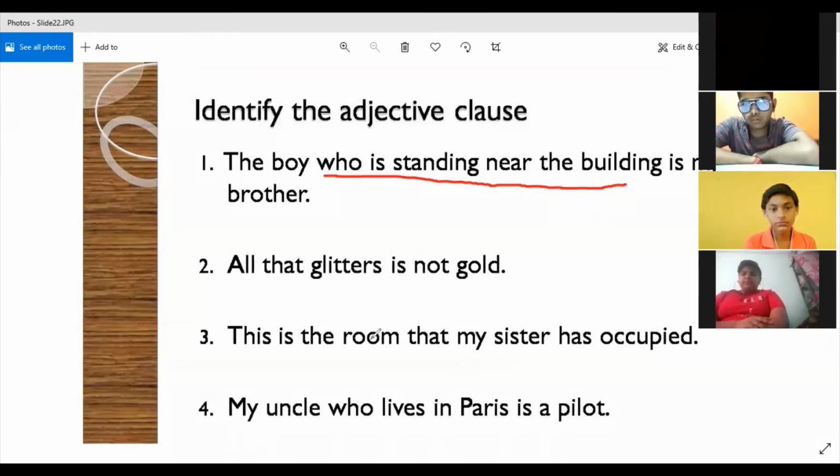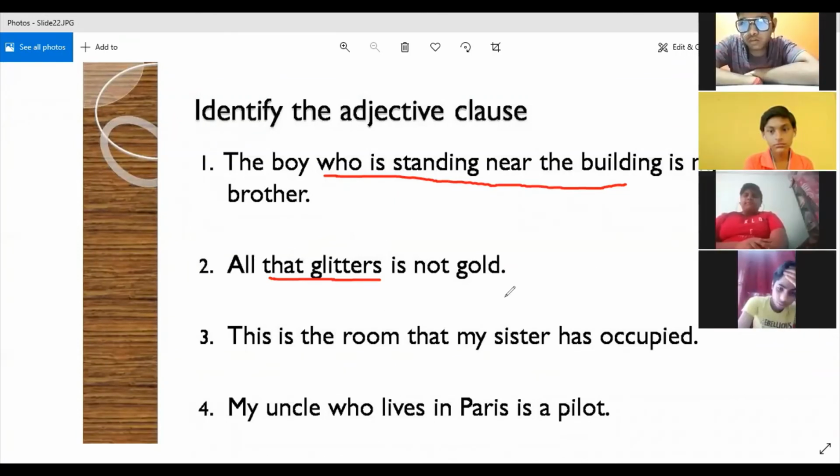Ma'am, that. Correct. So your subordinate clause will begin from that only. Ma'am, that glitters only. Yes, correct. If we included is also, we would have two finite verbs in one clause. So that would be incorrect. So this is our adjective clause, and all is not gold is our main clause.